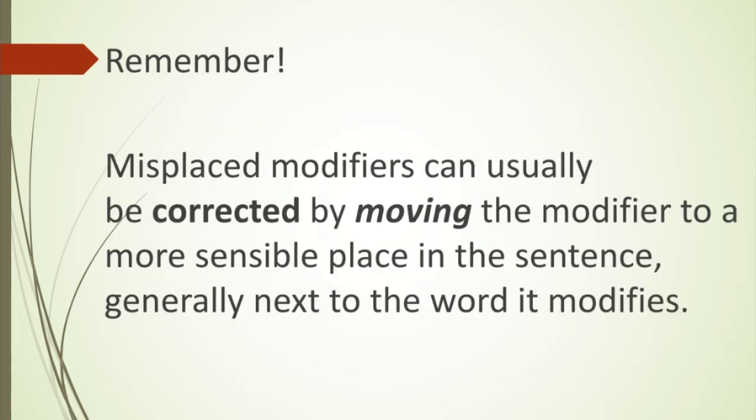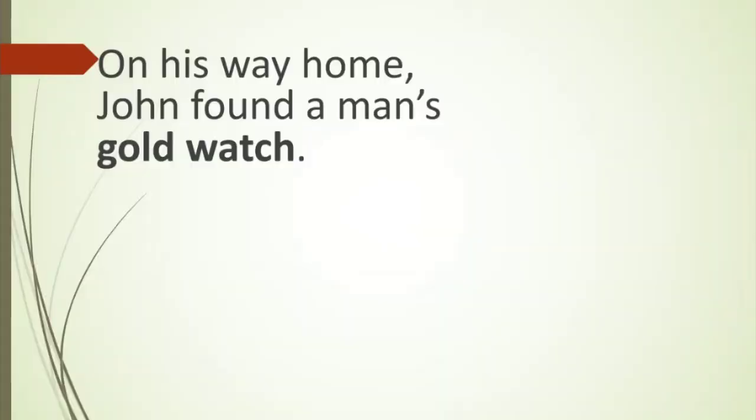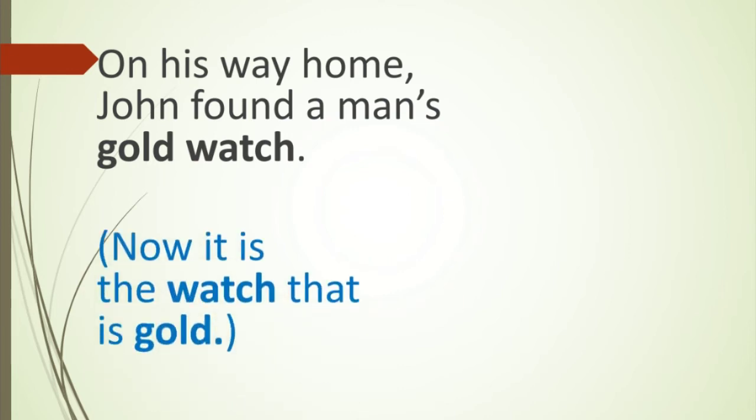So remember, misplaced modifiers can usually be corrected by moving the modifier to a more sensible place in the sentence, generally next to the word it modifies. The question is, does the descriptive word gold modify the man? Let us take a look at this sentence. On his way home, John found a man's gold watch. Now, it is the watch that is gold.